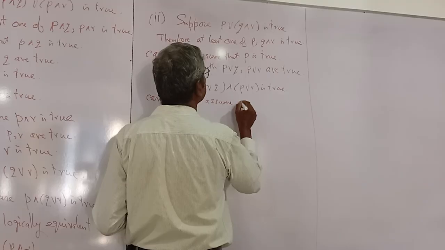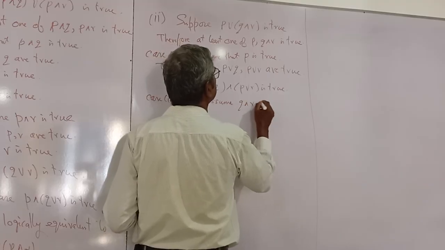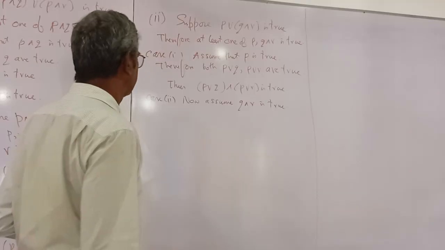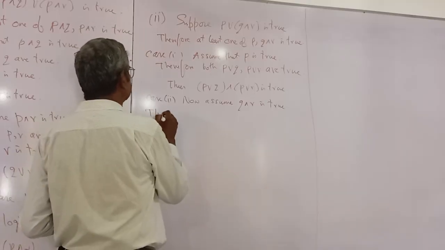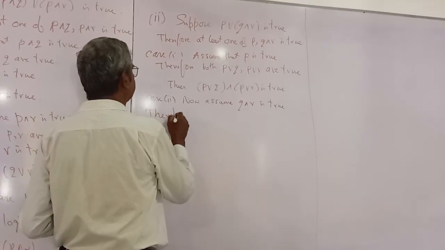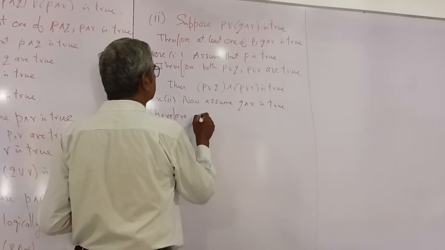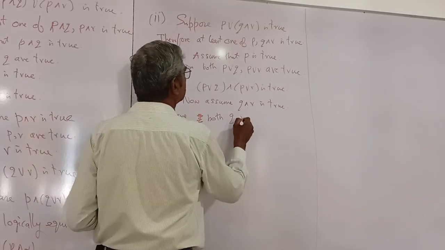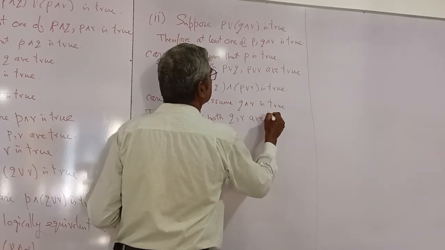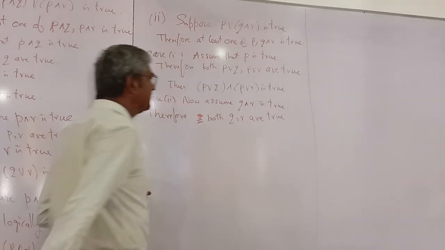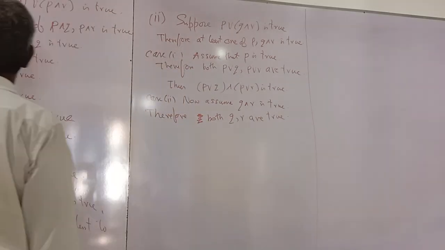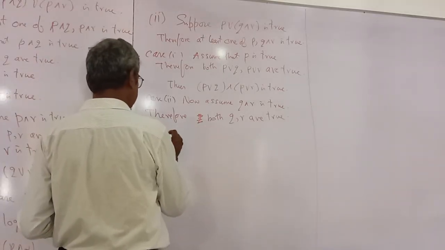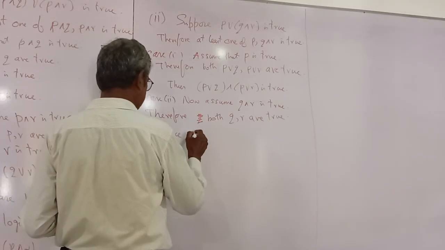Then both Q, comma R are true. Hence P or Q is true.